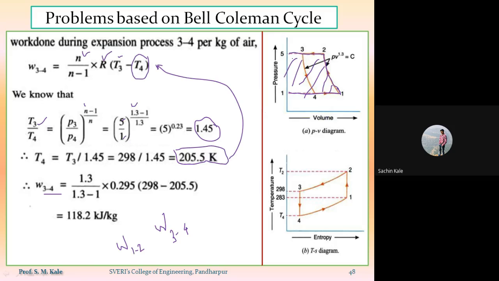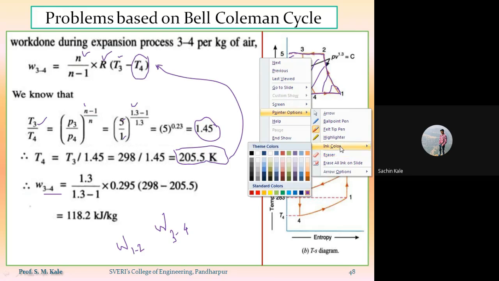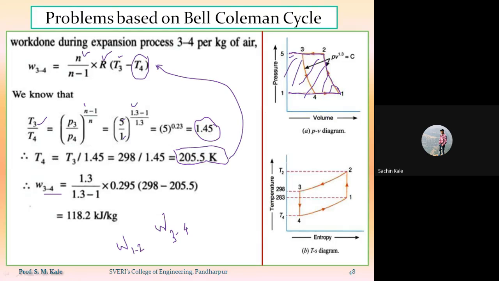And W3 to 4 means we have to consider the process 3 to 4, from this process up to this much area. So this area is called W3 to 4. Which area is larger? W1 to 2 is larger as compared to W3 to 4.